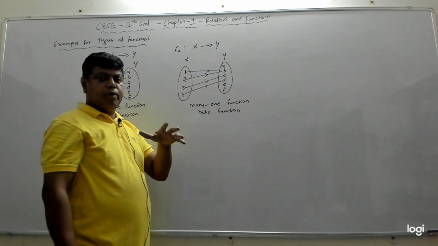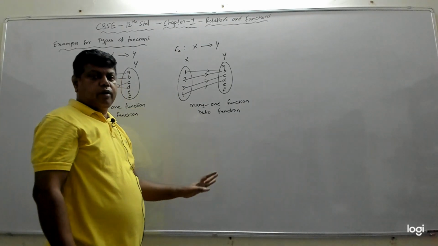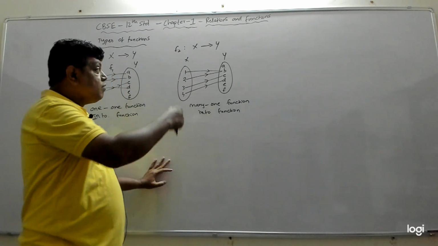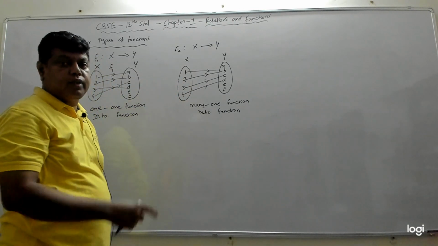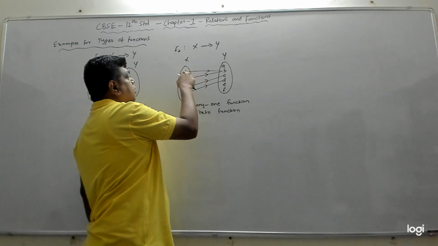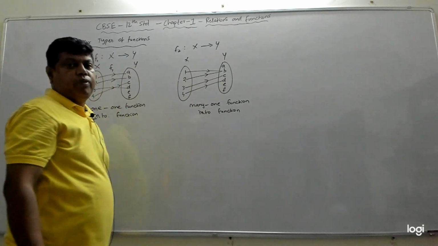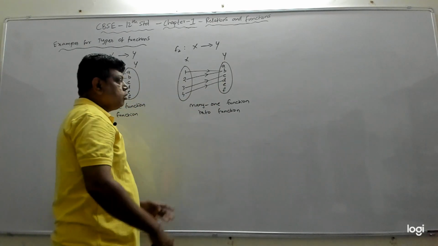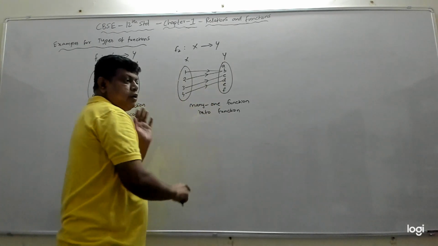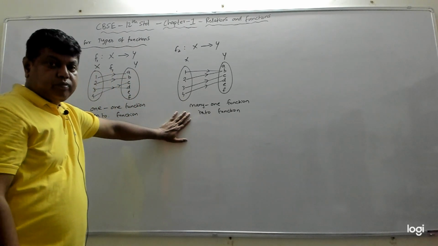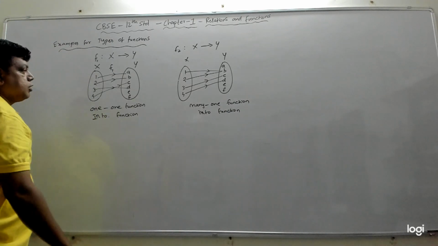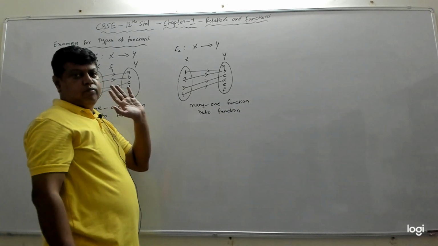Even if one element fails, it is not onto. So it is not an onto function, but it's an into function. So this is an example of a function which is many-to-one and into, which means neither one-to-one nor onto.